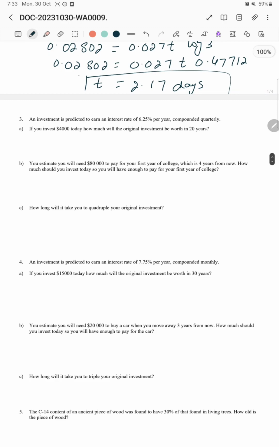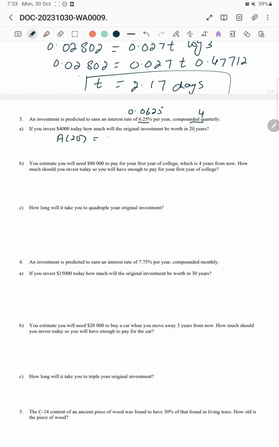Okay, an investment is predicted to earn an interest rate of 6.25% per year compounded quarterly. So again we know it is compounded quarterly, so 6.25% would be 0.0625. If you invest $4,000 today, so A of today, how much will be in 20 years?